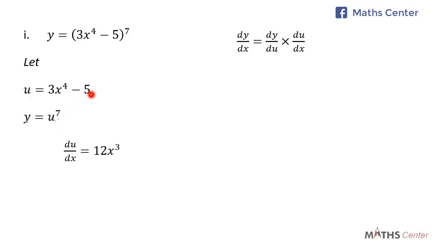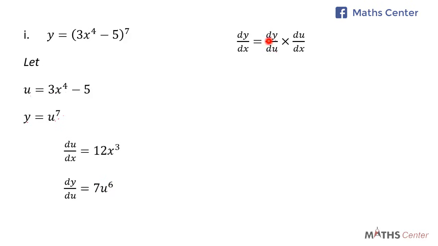Negative 5 is a constant, so when you differentiate it, it will be 0. Now we will need dy/du. So this time we are differentiating y with respect to u. 7 will drop and multiply, and then the exponent 7 will reduce by 1. So when you differentiate y with respect to u, you have 7u^6.